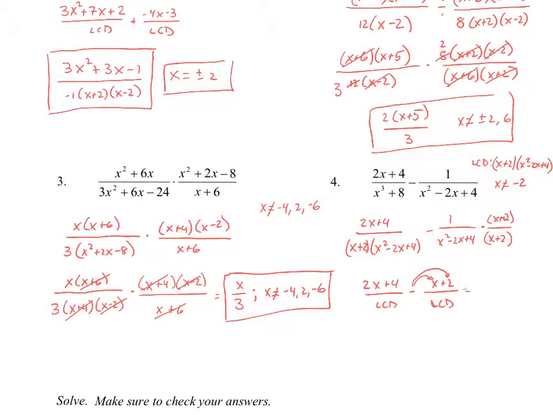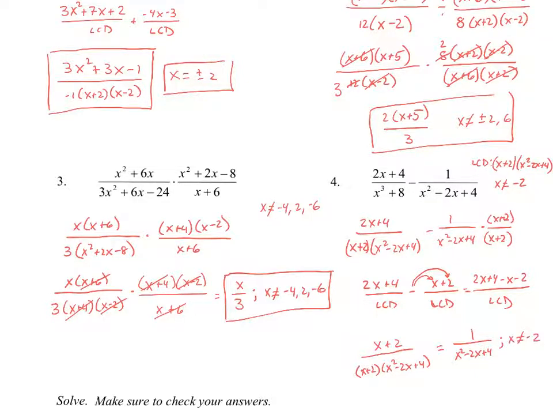So that will give me 2x plus 4 minus x minus 2 over my LCD, which, if I simplify, gives me x plus 2 over x plus 2 times x squared minus 2x plus 4, which I can cancel out the x plus 2 and give me 1 over x squared minus 2x plus 4, with the understanding that x cannot take on a value of negative 2.